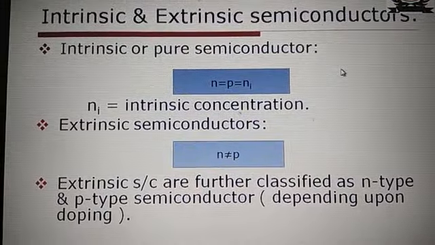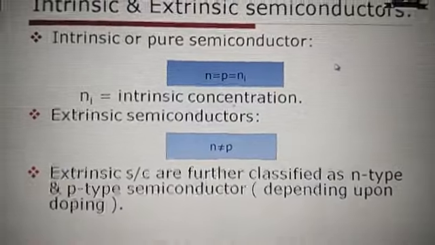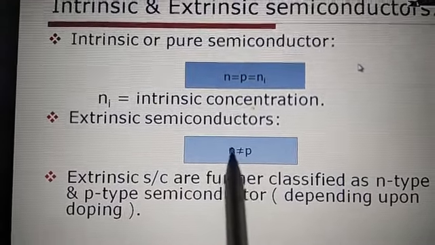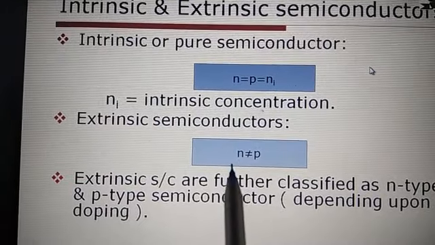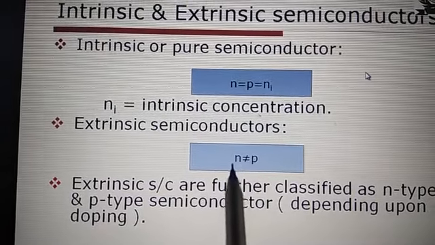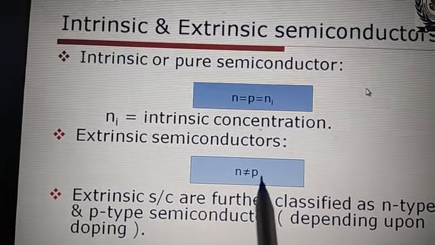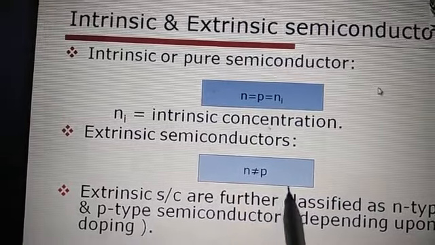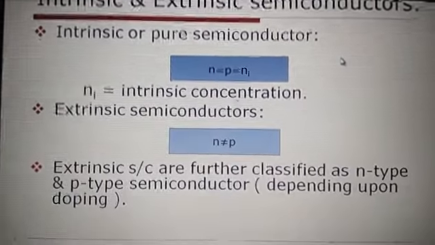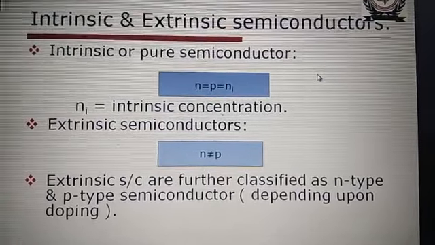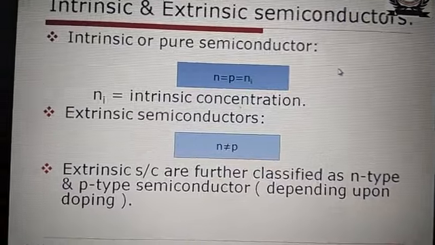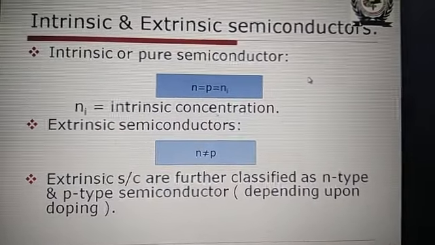We dope either a trivalent impurity or a pentavalent impurity, and therefore their concentrations change. If we add a pentavalent impurity, the concentration of N-type material will increase. If we add a trivalent impurity, the concentration of P-type material will increase, and therefore they are not equal: n is not equal to p. Extrinsic semiconductors are further classified as N-type and P-type, depending upon the doping.